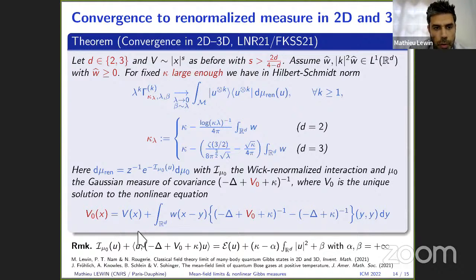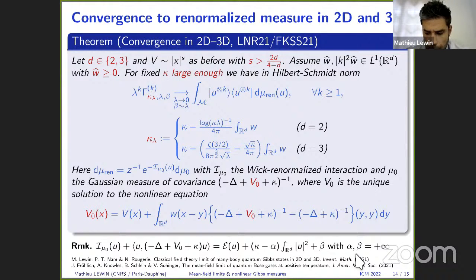If you do a formal computation, everything is going to be explained in the proceedings, you can see that this exactly coincides with energy plus mass times kappa minus alpha plus beta, where alpha and beta are infinite parameters which are doing the renormalization.